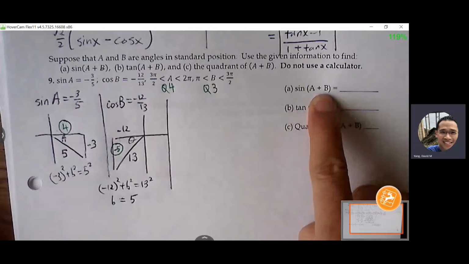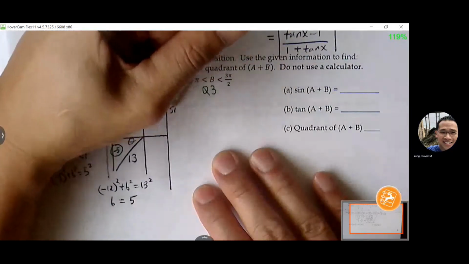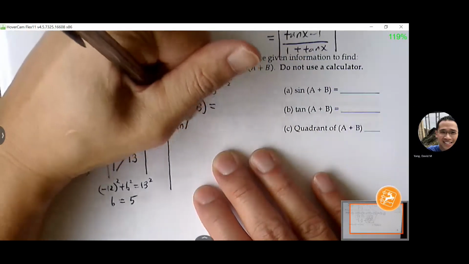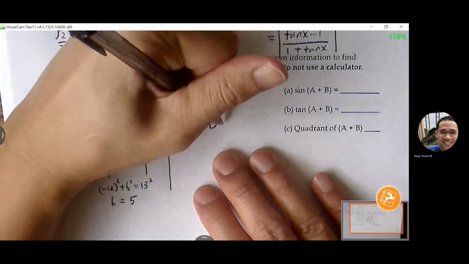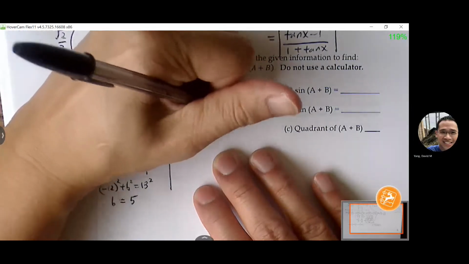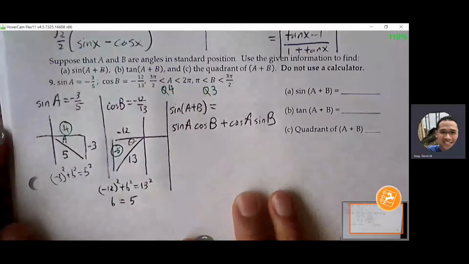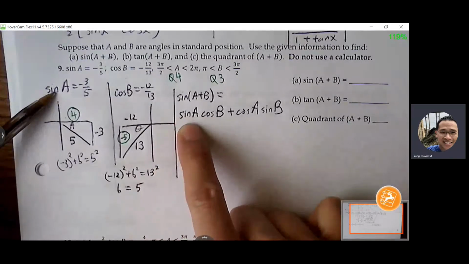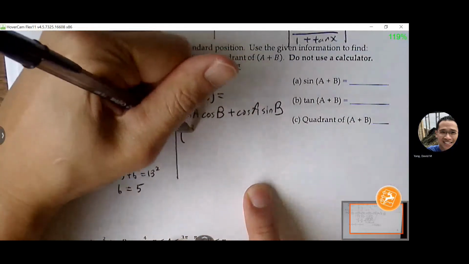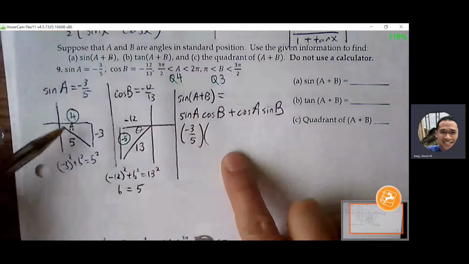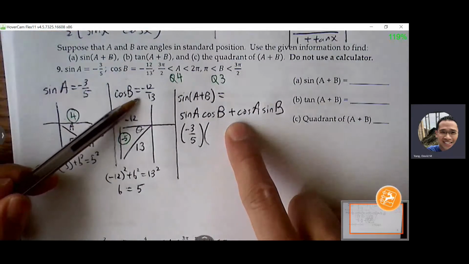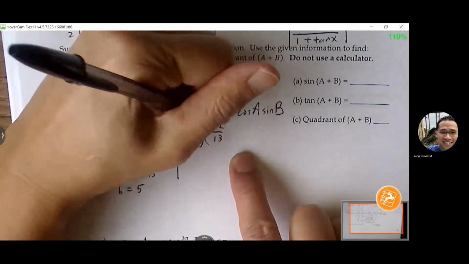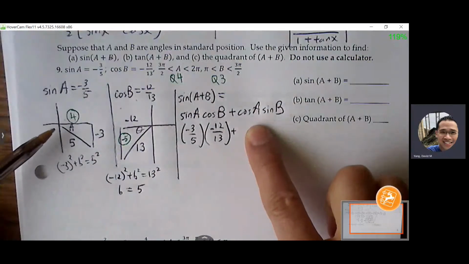Now we can focus on sine of a plus b. Okay, so we just go to angle A, sine of A. Throw that in. That's easy. -3/5. Cosine of B. That's easy as well. They gave that to us. Cosine of A. What's cosine of A?